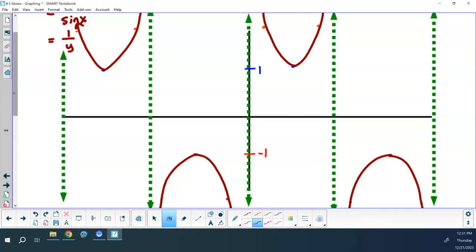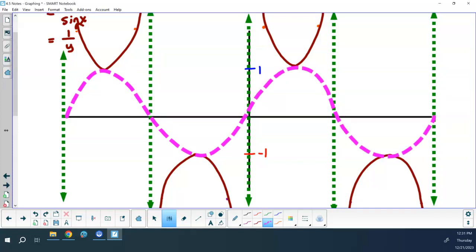Okay? Now, here is your sine graph to go on the same axes. There's the sine graph that fits in it.